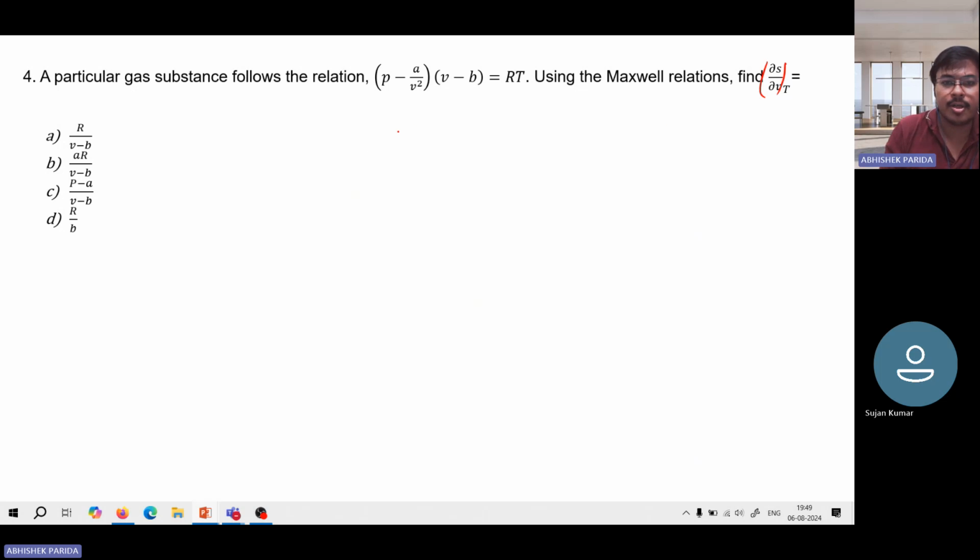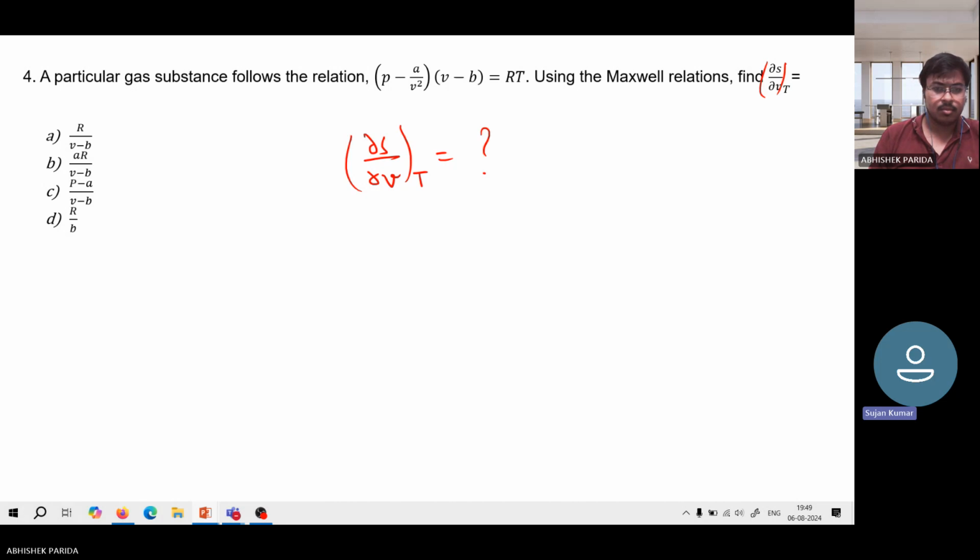So you tell me dou S by dou V at constant T is equal to how much? Think about it. I'm giving you 2 minutes. According to the Maxwell equation, dou S by dou V at constant temperature is equal to dou P by dou T at constant volume. And here P is equal to RT divided by V minus B minus A by V square, and then we need to differentiate that pressure with respect to temperature, maintaining volume as constant.